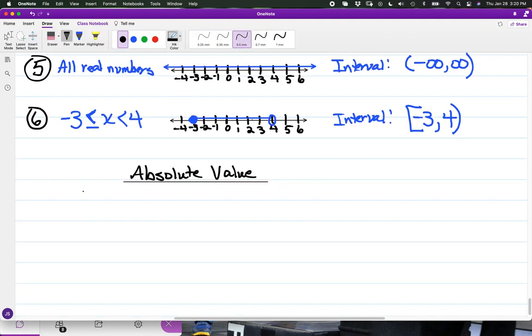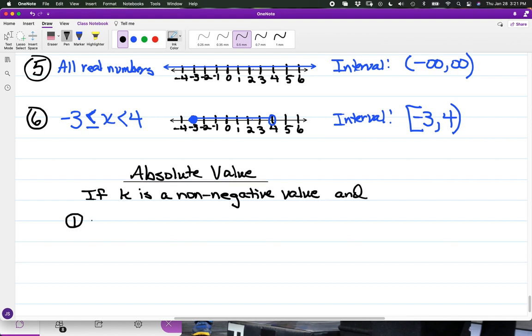And if we have that k is a non-negative value, just again tying in what we had with equations.